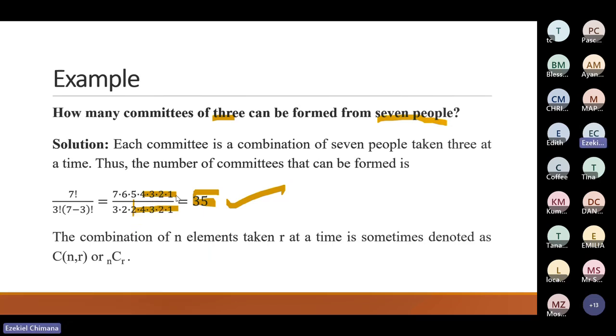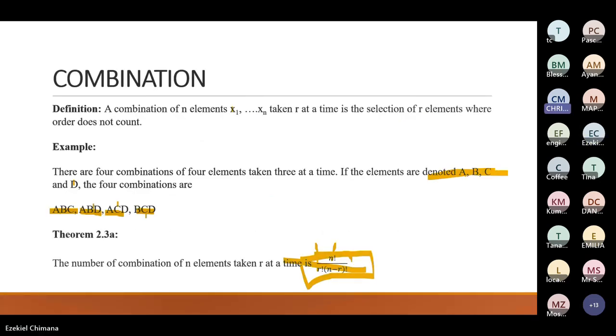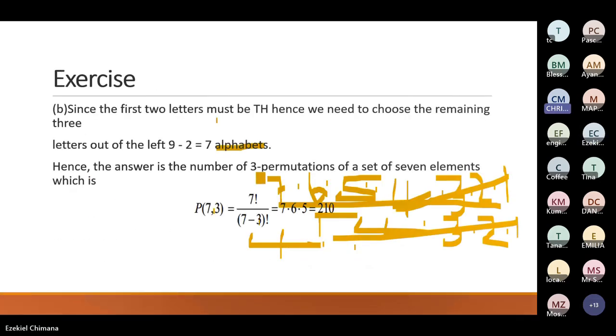And there was a hand by Christina. Yes, sir. You moved on quickly before I could ask. It's actually from permutations. What if you have repeated letters in a set?